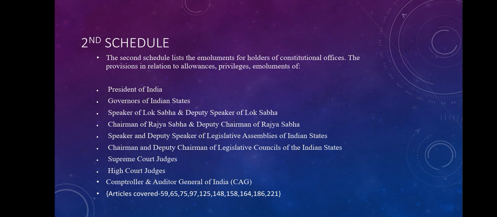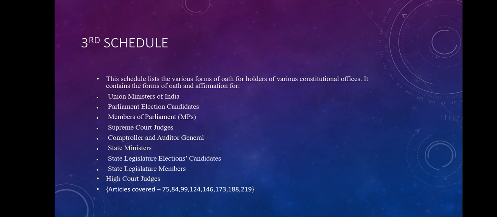Moving ahead with the third schedule. It lists the various forms of oath for the holders of various constitutional offices. It contains the forms of oath and affirmations for Union Ministers of India, Parliament election candidates, members of Parliament, Supreme Court judges, the Comptroller and Auditor General, state ministers, state legislature election candidates, state legislature members, and High Court judges.